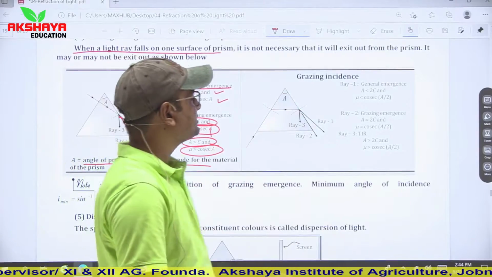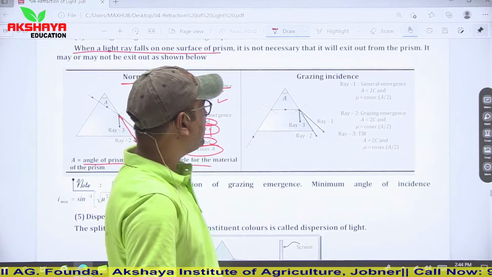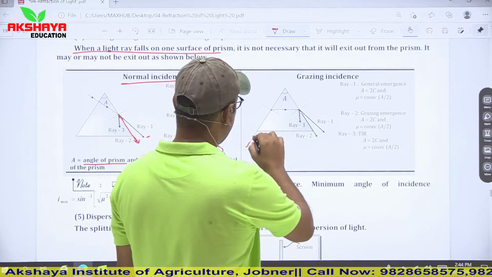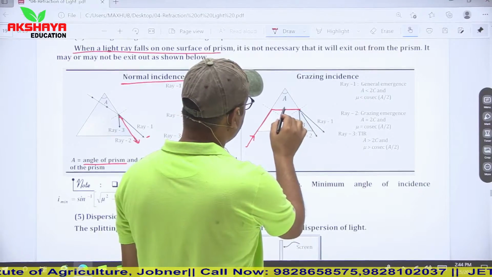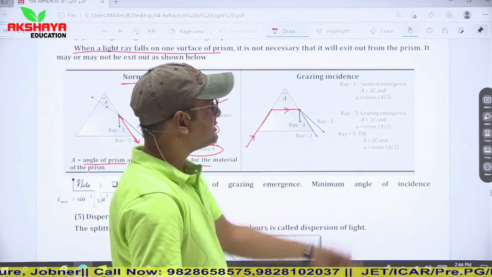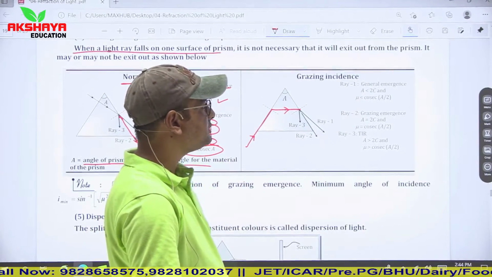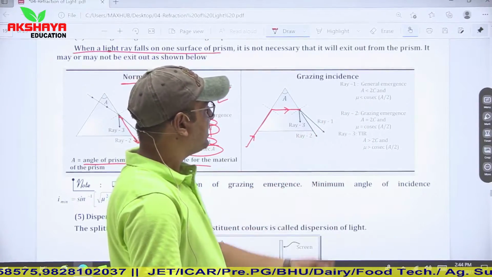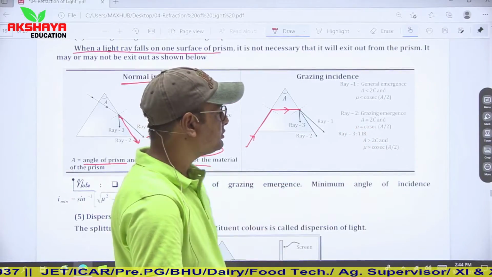Now grazing incidence. Let us say light is incident by grazing and it is refracted, and again three possible cases are there. In the first case, normal or general emergence: A is less than 2C and mu is less than cosec A by 2. In the second case, grazing emergence: A is equal to 2C and mu is equal to cosec A by 2.